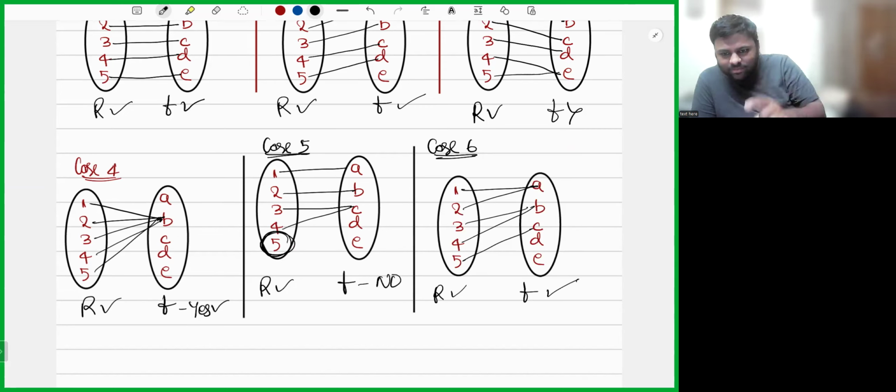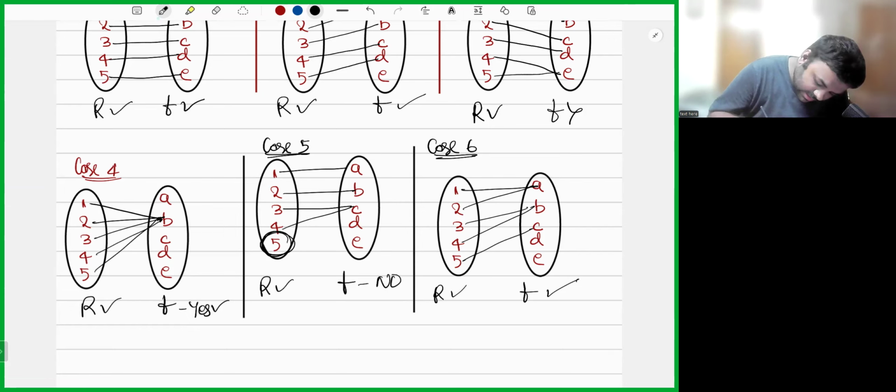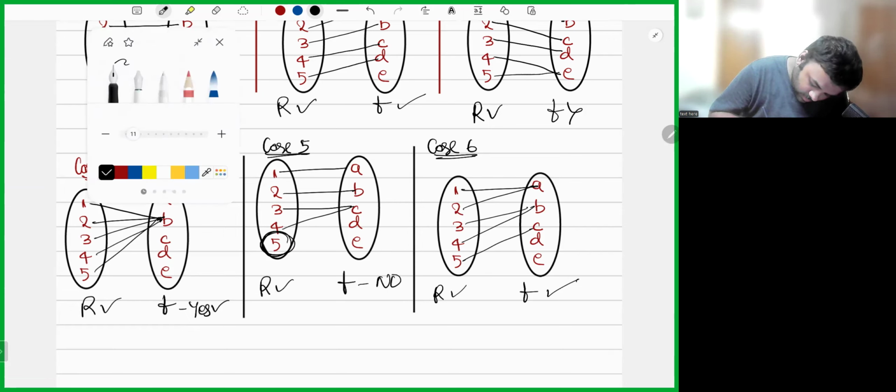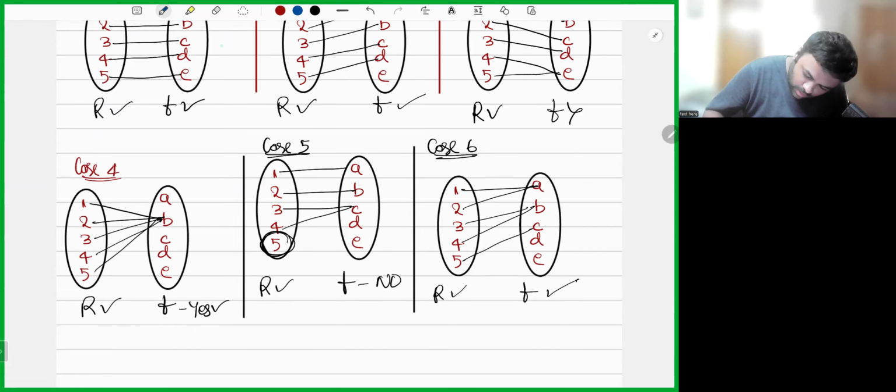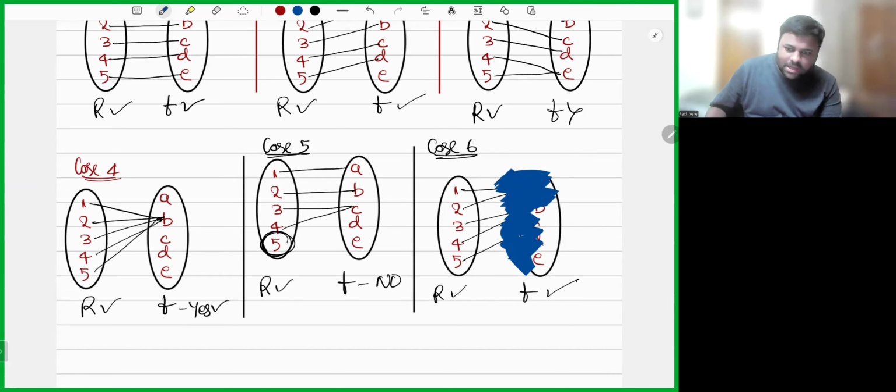See, from every element, only one arrow should pass. Is only one arrow passing from every element? Yes, only one arrow is passing from every element. So it's a function? Yes, it is a function.